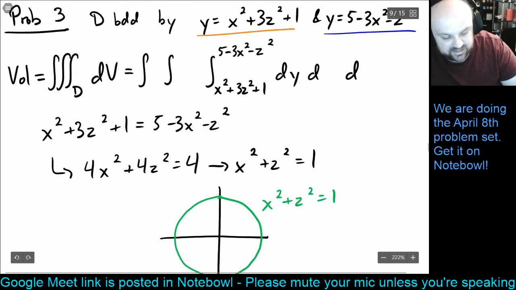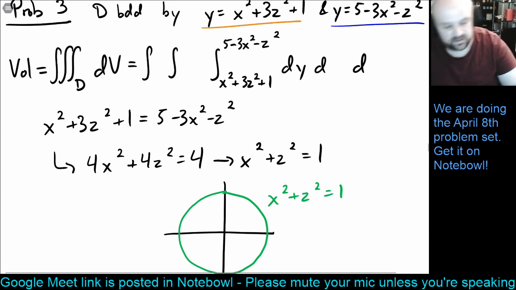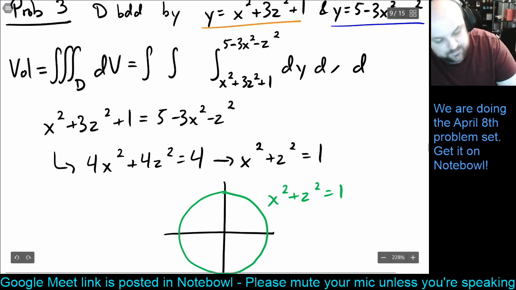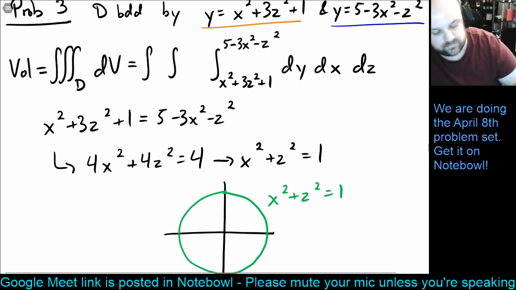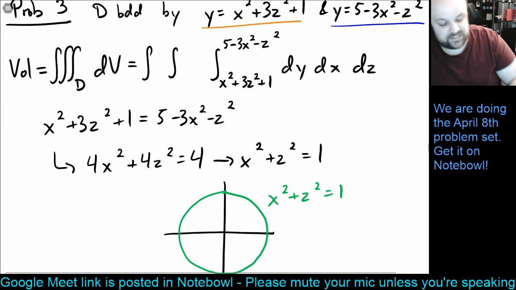Now we can use that to finish setting up the bounds. I know I'm integrating over a circle here. As it turns out, the order you integrate this in really doesn't matter, so we'll do x and then z. If we do x first, we start on the left side and go to the right side.